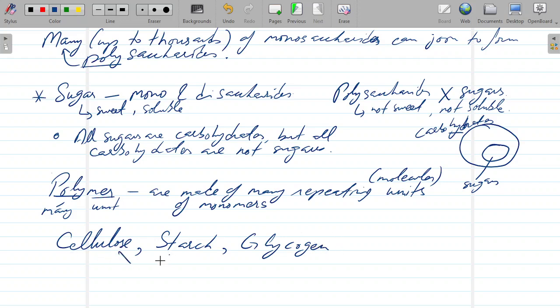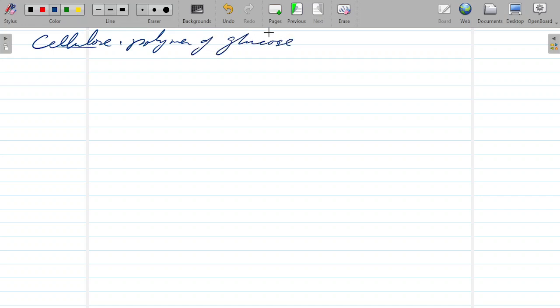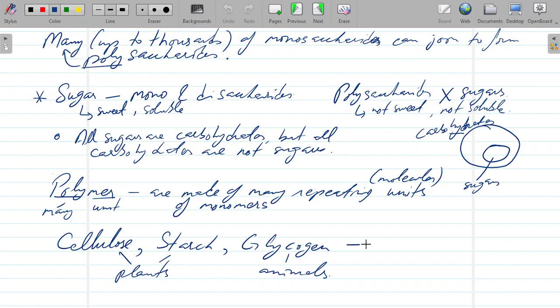These two are found in plants, and this is found in animals. So let's talk about cellulose. It is a polymer of glucose. In fact, all of these are polymers of glucose. Write that over there.